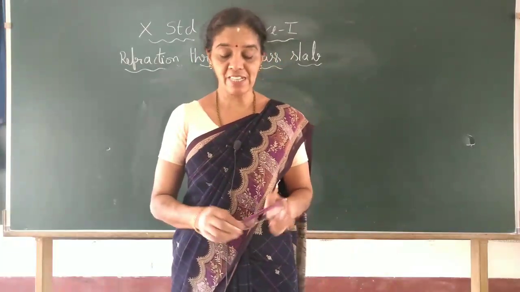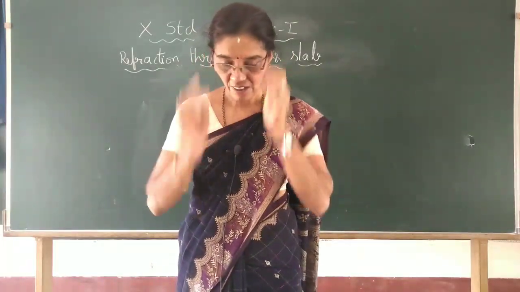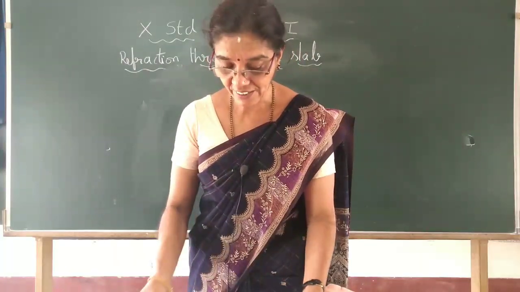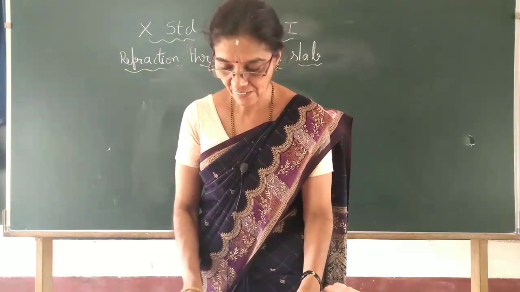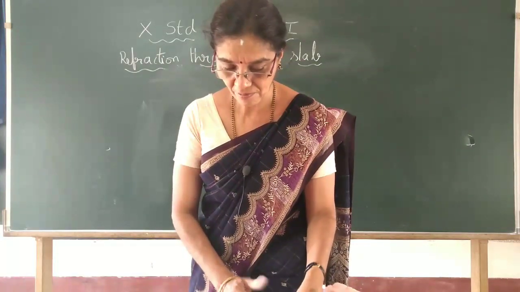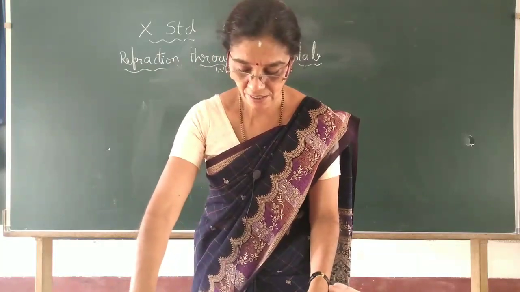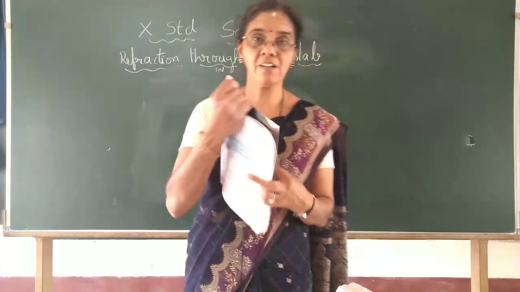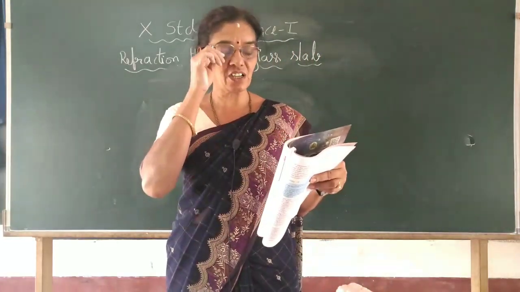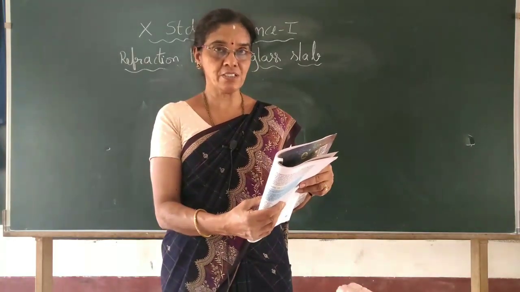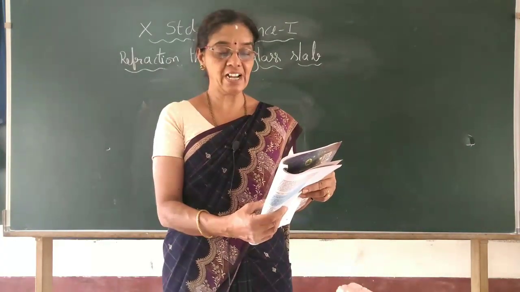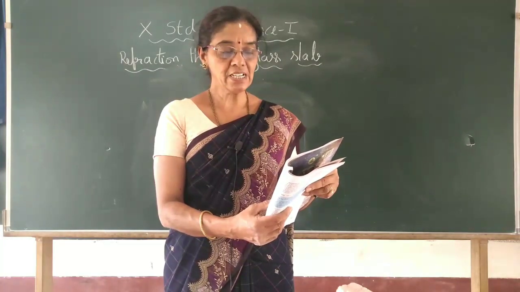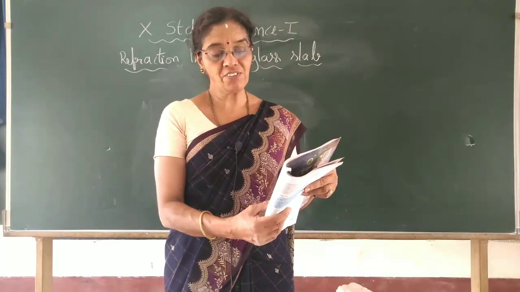Before that, yesterday we haven't done one or two extra questions, right? Page number 86, extra questions. First question: a ray of light traveling in air enters obliquely into water. Does the light ray bend towards the normal or away from the normal?